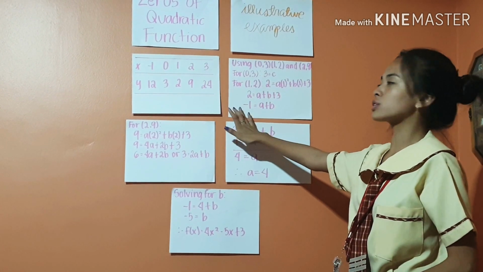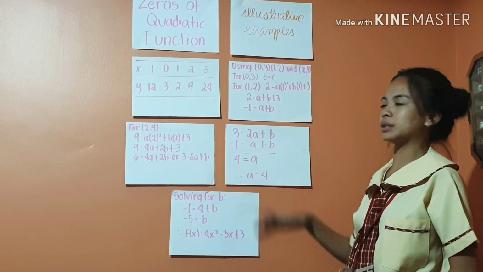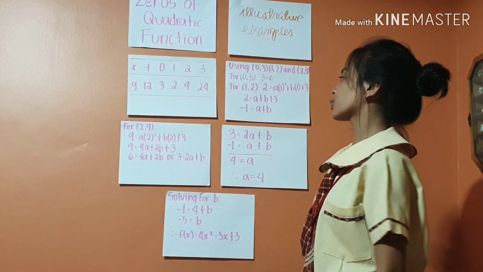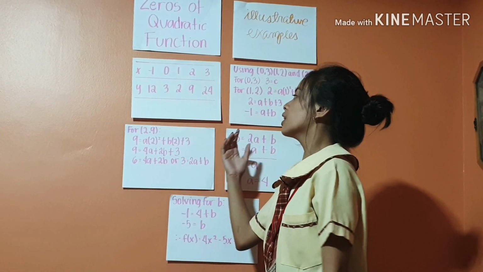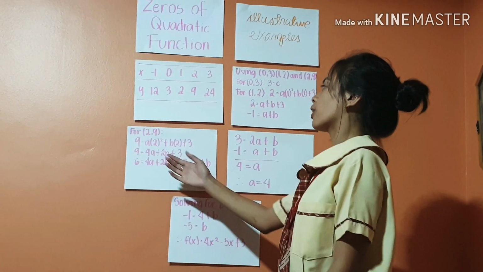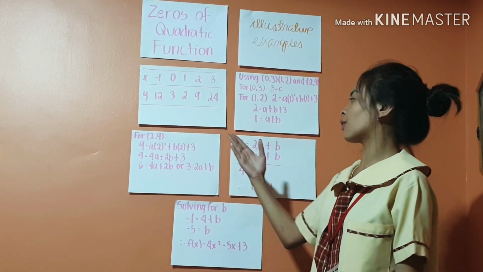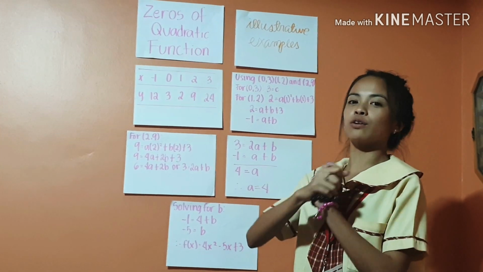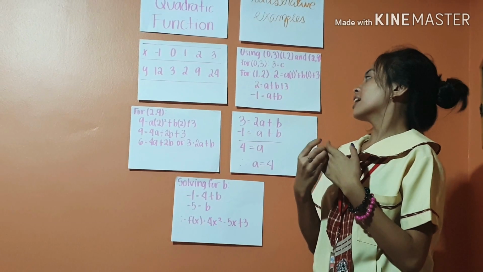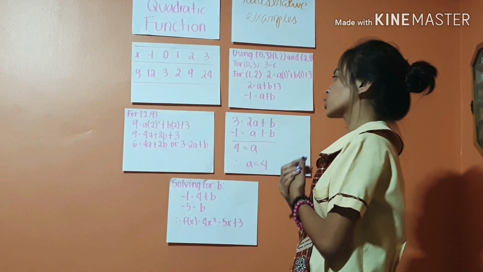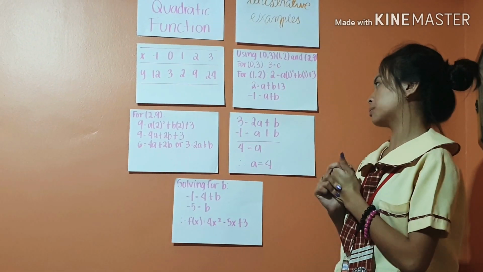Then transpose: negative 1 equals a plus b. For (2, 9), substitute 2 for x and 9 for y, where 9 equals a times quantity 2 squared plus b times 2 plus 3, so 9 equals 4a plus 2b plus 3, and 6 equals 4a plus 2b, or 3 equals 2a plus b.